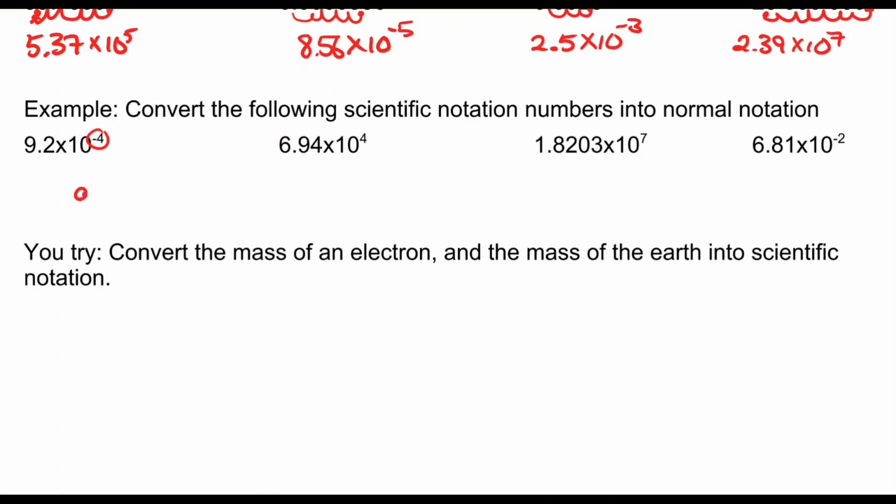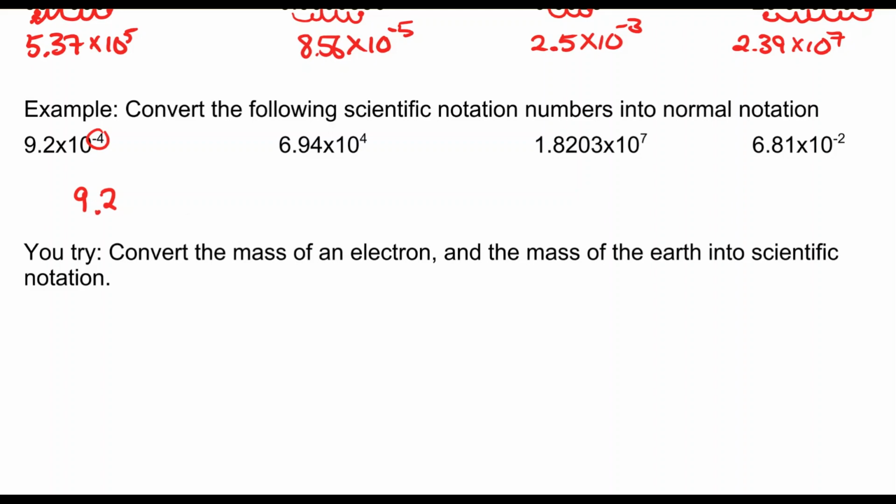So I'm going to write 9.2, and see which direction I have to move it. If I move the decimal to the right 1, 2, 3, 4 times, it becomes 92,000. Well, that's not what I want. We don't want a big number. We want a small number because the value is less than 1.